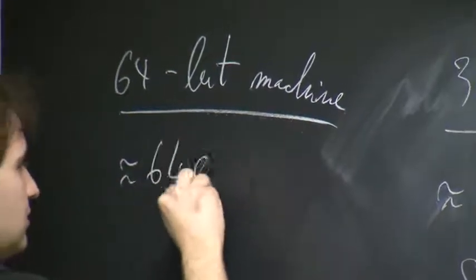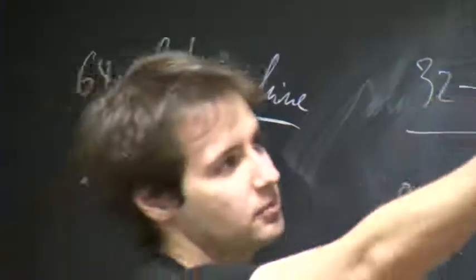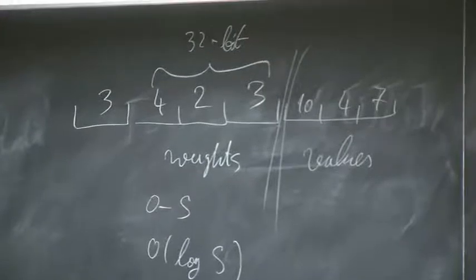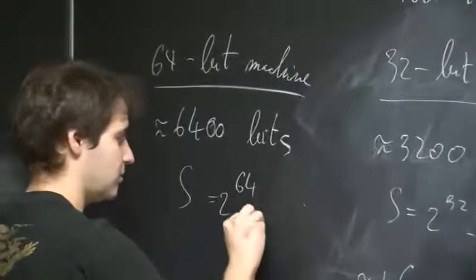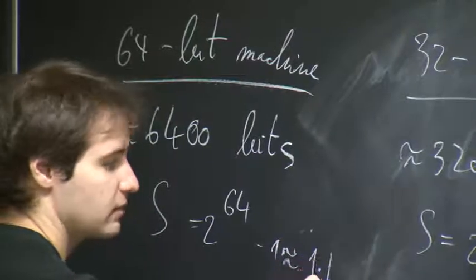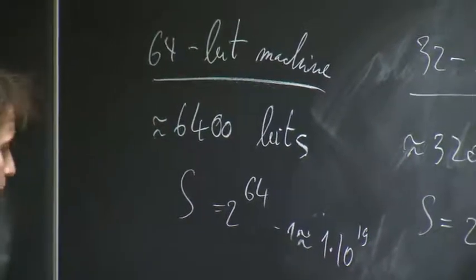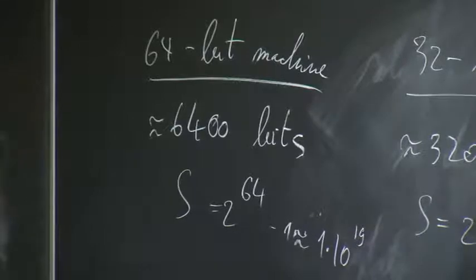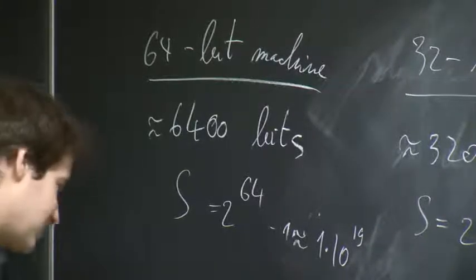Where does that come from? 100 items times 64 bits. Each item weight has 64 bits. Okay. What's the worst case s? 2 to the 64, or 2 to the 64 minus 1. Doesn't matter too much. It's about 1.6 times 10 to the 19. So the worst case running time is 10 to the 21.